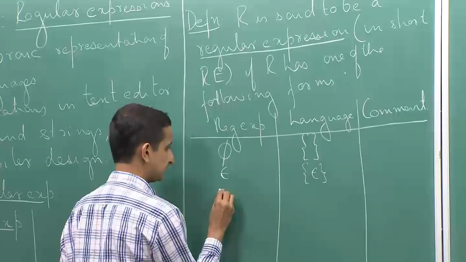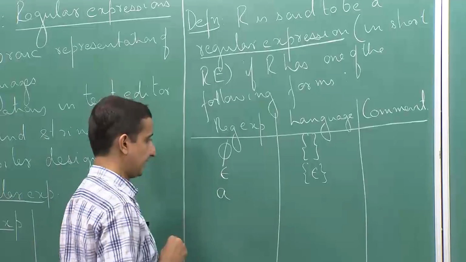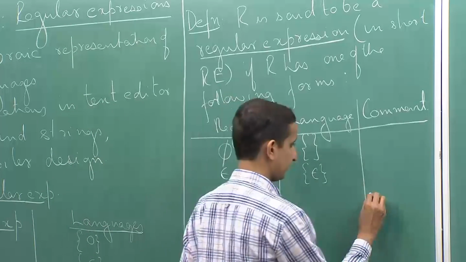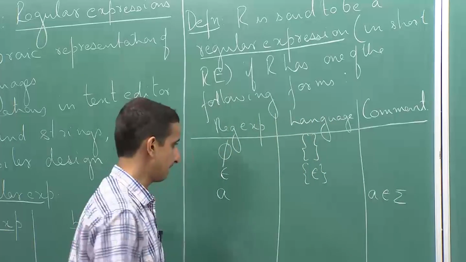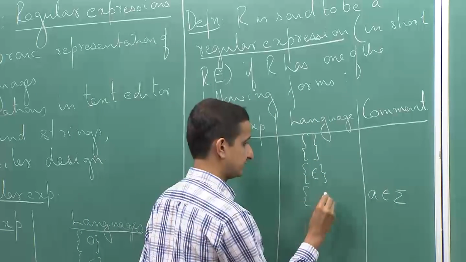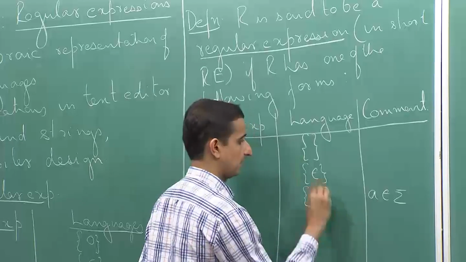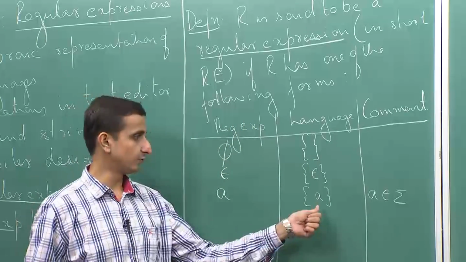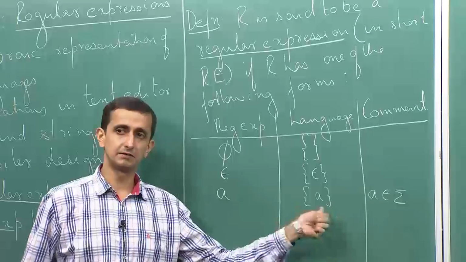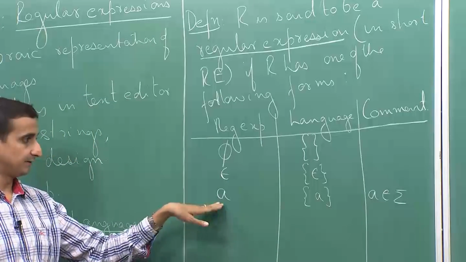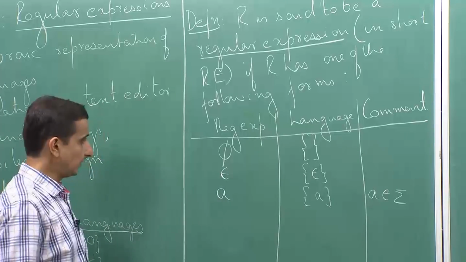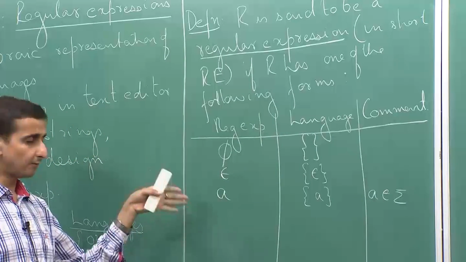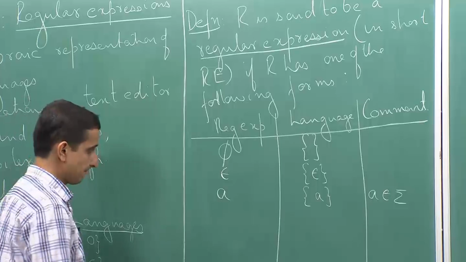The third is a regular expression A, where A is any symbol in sigma. So the corresponding language is the language which contains only one string, that is the symbol A, for every symbol A belonging to sigma. So these are the 3 base cases. Now we will have the inductive cases.